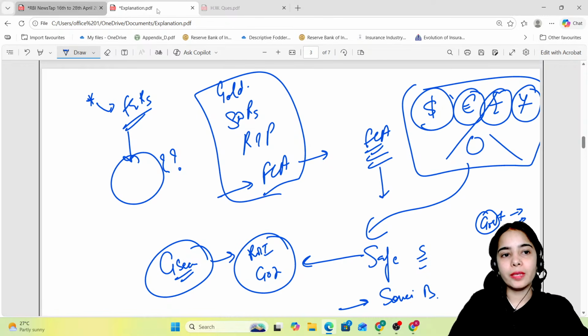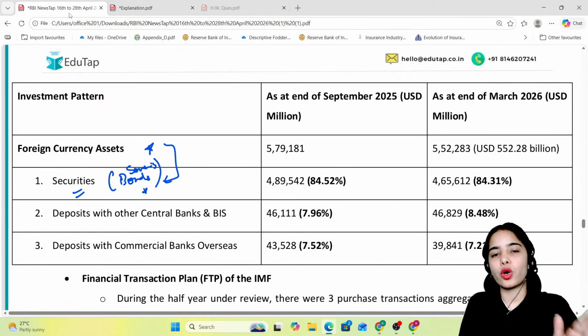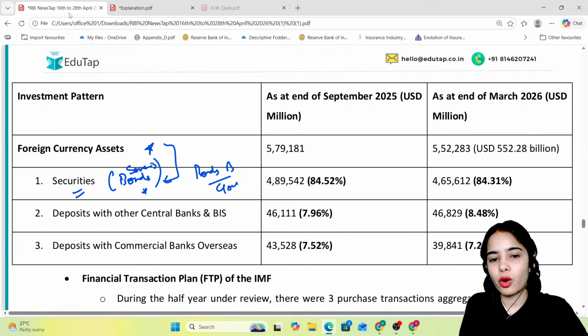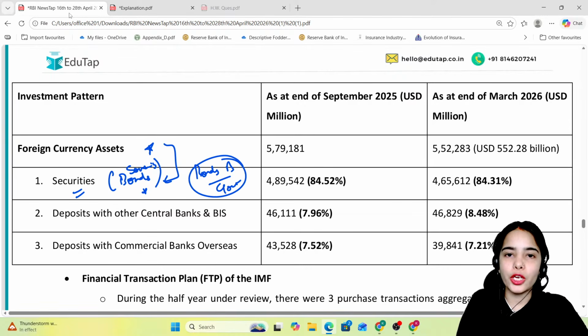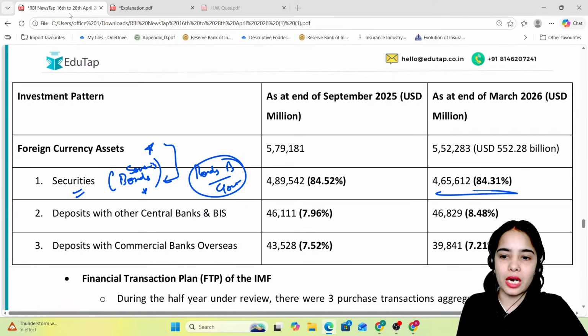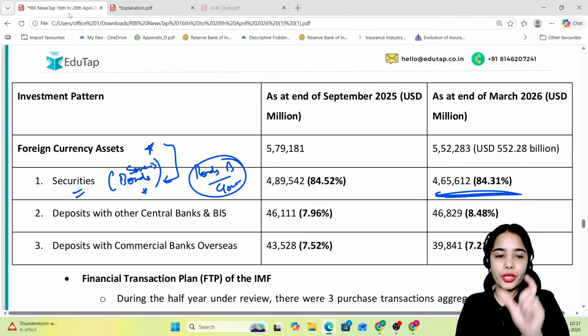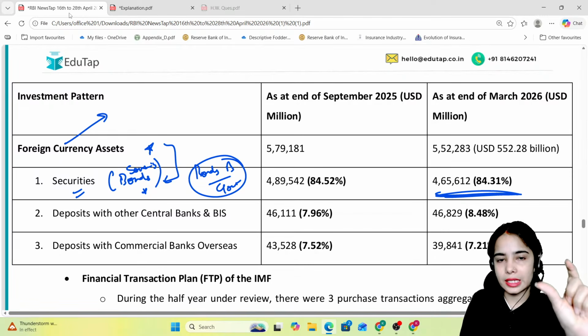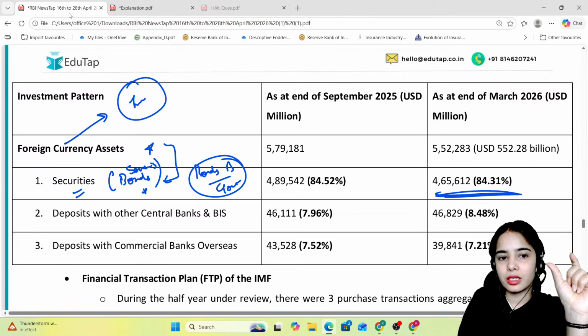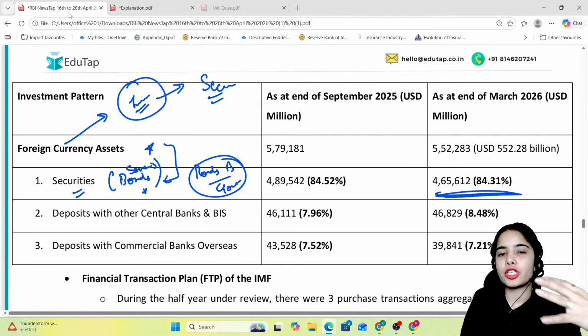So that is the idea: securities, especially the sovereign bonds or the bonds backed by the governments of different countries, are the most secure securities, and the RBI invests a huge part in these securities. Here you can see that the highest investment from the foreign currency asset is in the securities, especially the sovereign bonds or the bonds backed by the government.